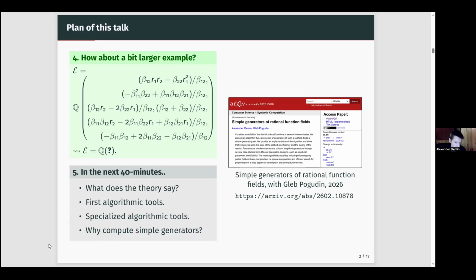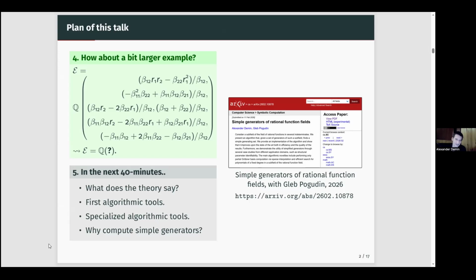So in this talk, I will try to develop from scratch the algorithm that we have obtained with Gleb. First, I will very briefly have a digression on theory, then discuss some first algorithms, then the algorithms that we have developed, and then some examples and applications.